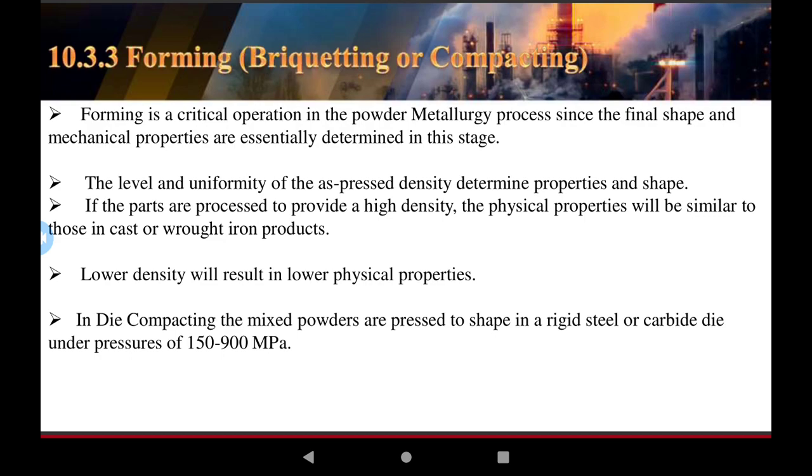Next is compacting. Compacting is the critical operation in the powder metallurgy process, since the final shape and mechanical properties are essentially determined in this stage. The level and uniformity of the density determine the properties.